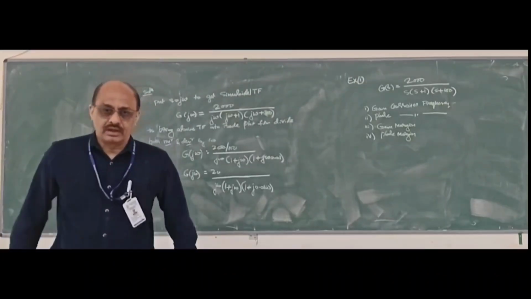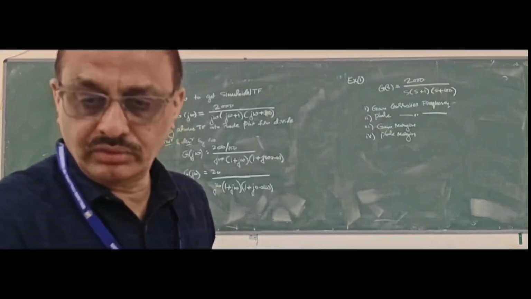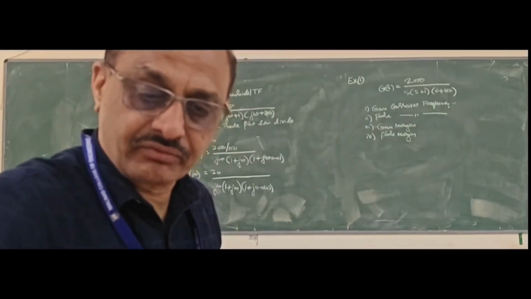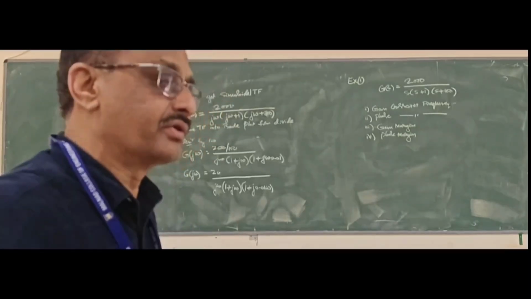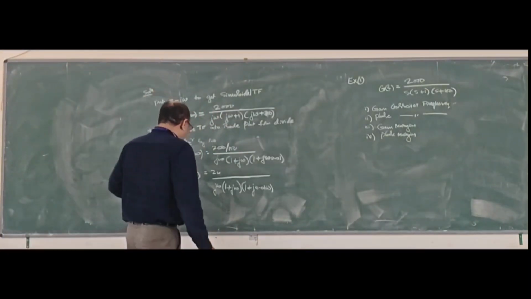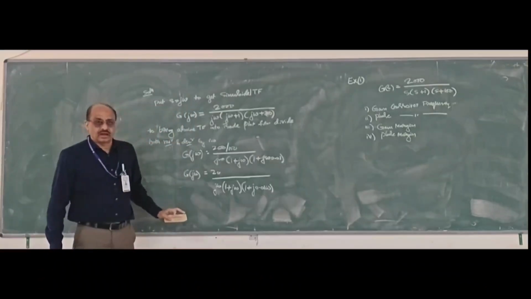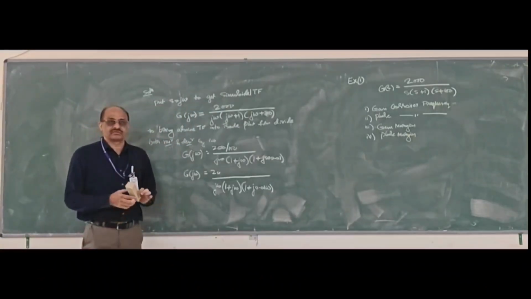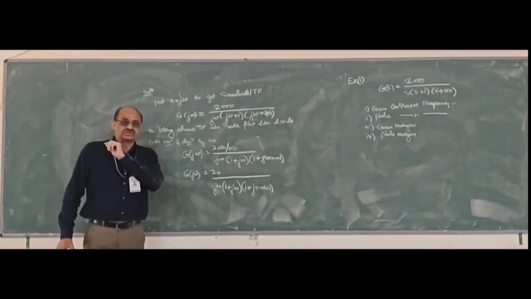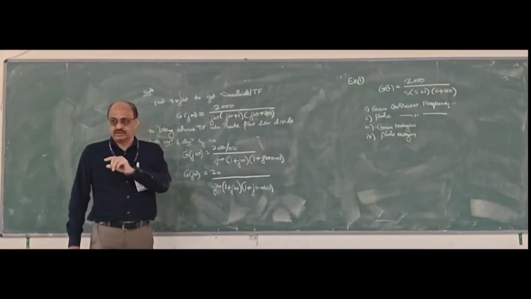What next? Next I have to get the starting frequency. How to get the starting frequency? The starting frequency must be lesser than the corner frequency and the initial line passing through the 0 dB line.